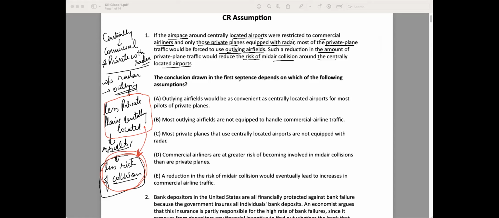So the conclusion drawn in the first sentence. Now it's very important to read the question prompt. We're talking about the conclusion drawn in the first sentence. What is the conclusion drawn in the first sentence? Anyone?